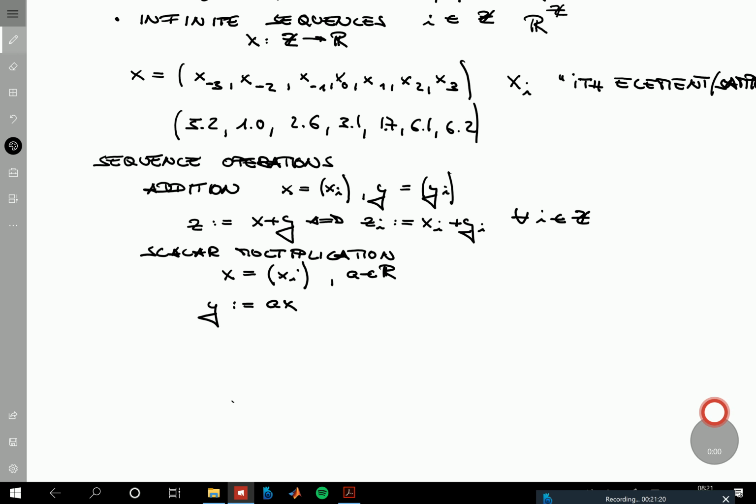And this essentially just means that the ith element of y is defined as a times the ith element of x for all indices.